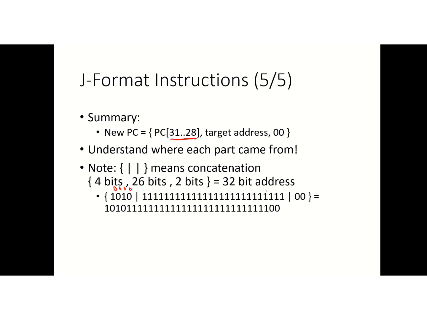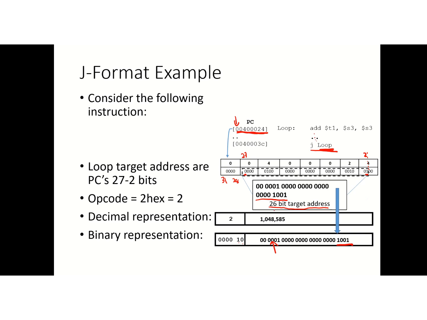For example, the PC is 0000 here. So they will put the 4 bits of the PC, and then we add a 00 at the back, and then the rest would be the 26-bit target address. Now you will get 32 bits of address of where to jump. So here it will jump to here.